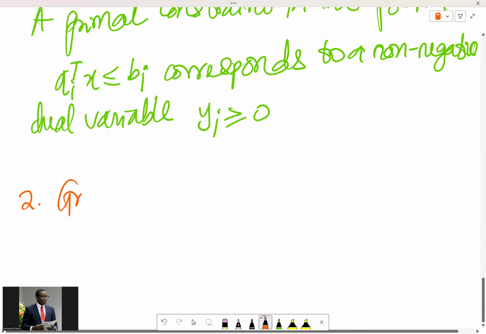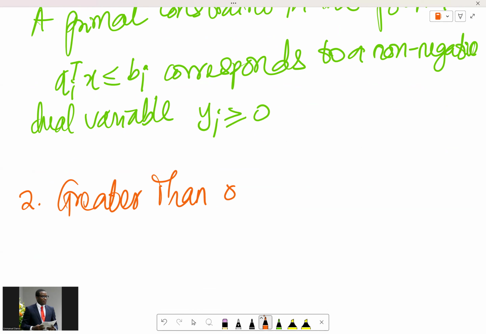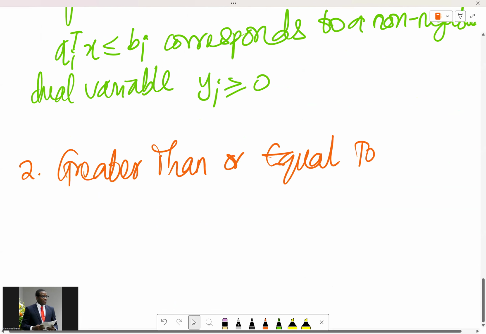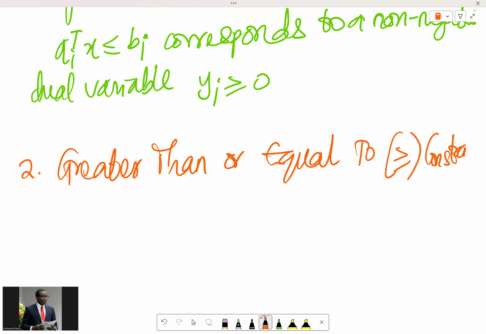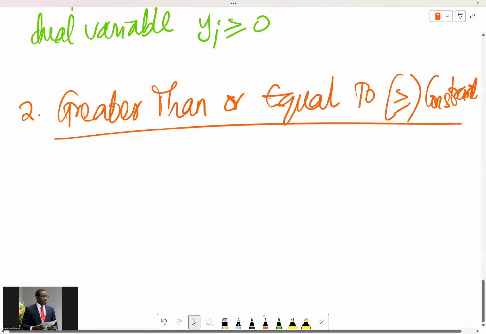Now imagine the second case. If you have a greater than or equal to constraint, see what happens.